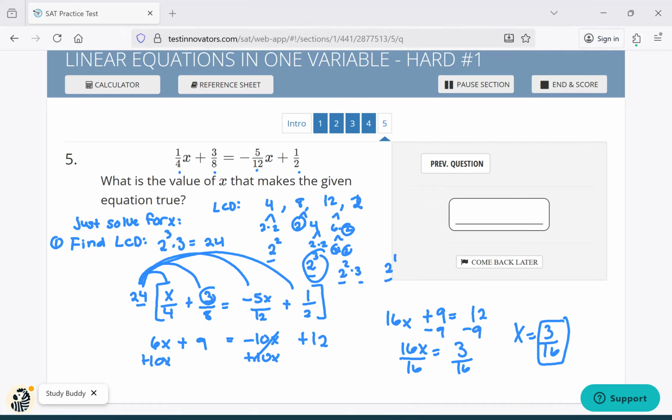I know it's a lot of steps for a limited amount of time. Okay, so there's another part of this. There are more. Yeah, let's do that. There's one more part for the linear equation variable, the hard section. Let me just go ahead and find it.